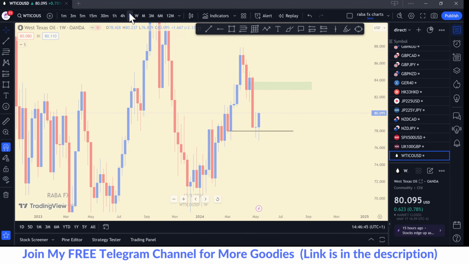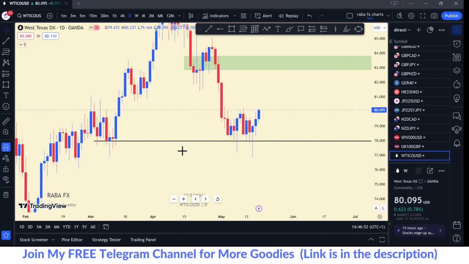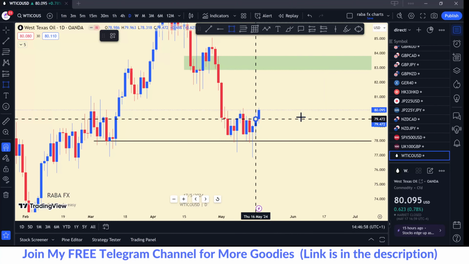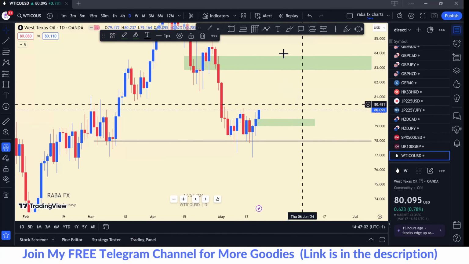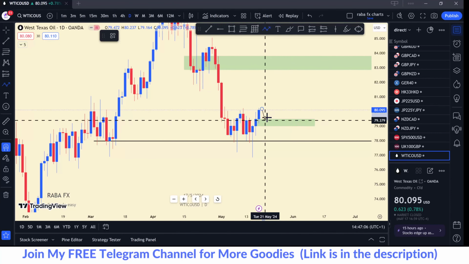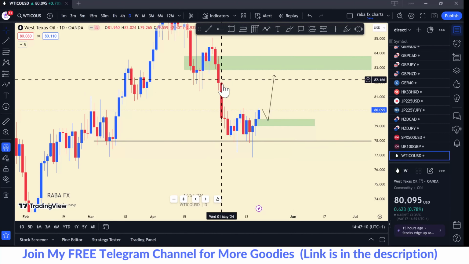So from here, let's look at the daily. On the daily, to me it appears to be bullish. So we should expect price to continue pushing higher. When price comes below this line, this is where you can be looking for a buy opportunity. So you buy, and mind you, you watch your obstacles.